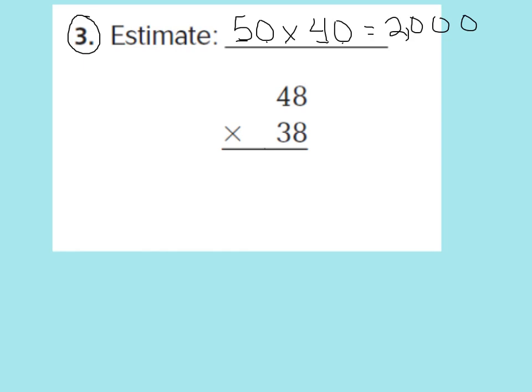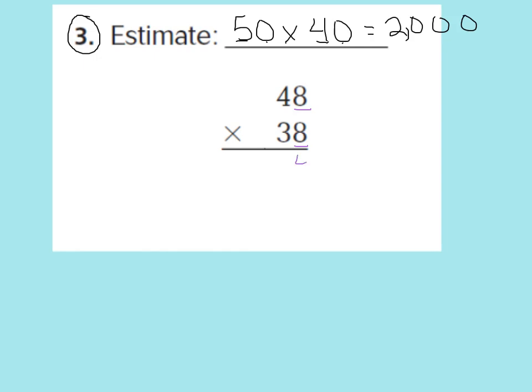Now let's solve 48 times 38. We're going to use our regrouping strategy to solve 48 times 38. Now, if I'm regrouping, I'm going to multiply my ones place by every place value in my top factor. So let's start with my ones place, which is an 8. 8 times 8 is 64.